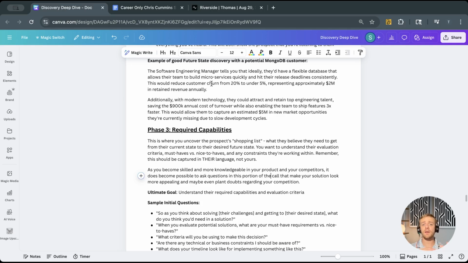As you become more skilled and knowledgeable in your product, it becomes possible to ask questions in this portion of the call that make your solution look more appealing and maybe even plant doubts regarding your competition. If you're selling a premium solution and you have a feeling that the customer has expensive and robust requirements, you can ask a lot of questions around how intense this application is going to be.